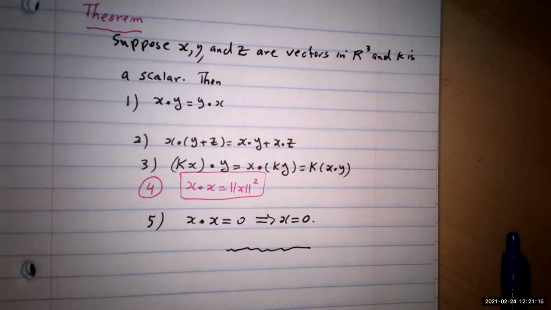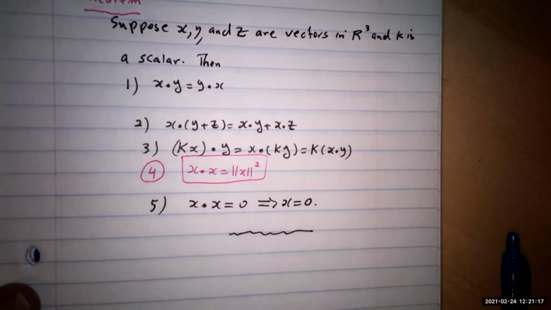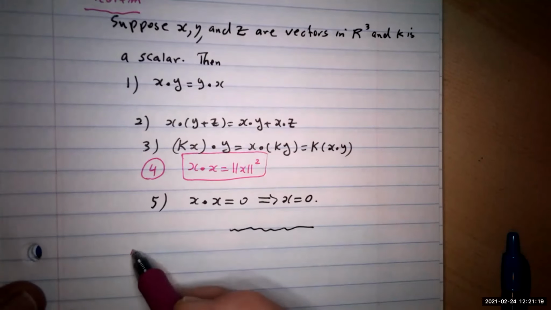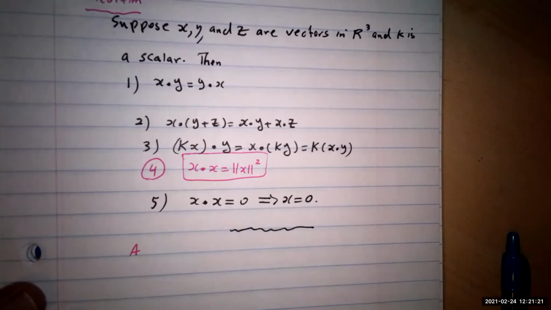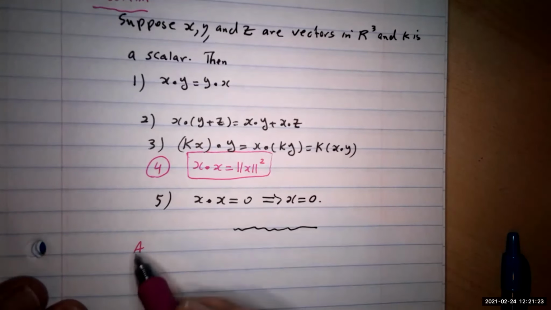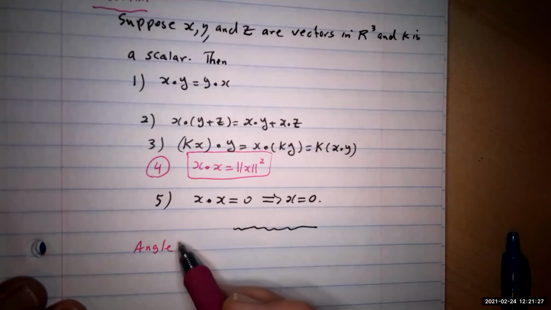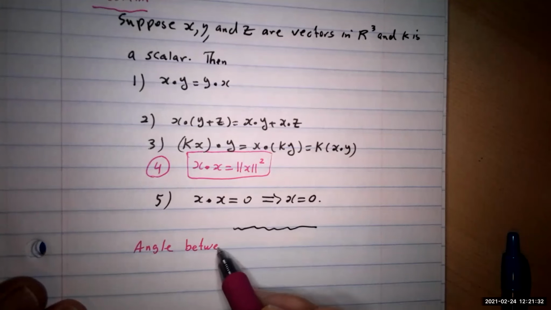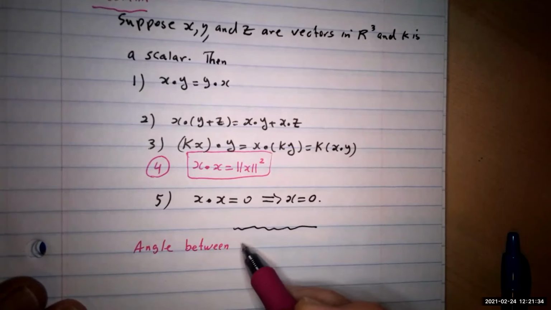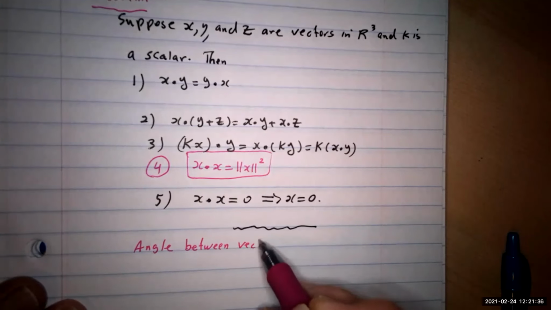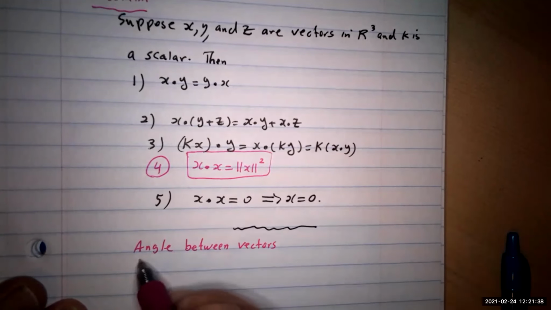So to get to that one, we want to know what's going to be the angle between vectors. Okay, so these are a standard operation that we can use. And what is the angle between vectors? That gives you a very famous result, and then we are done almost.